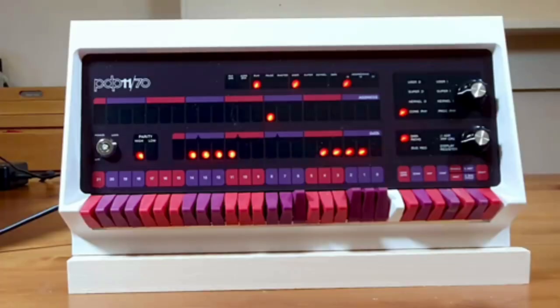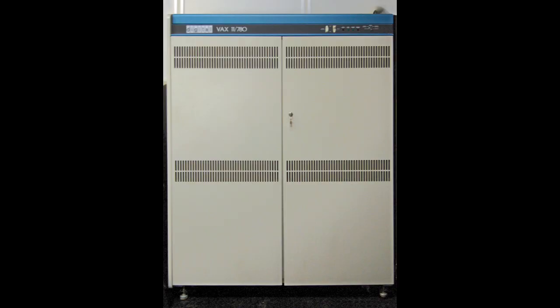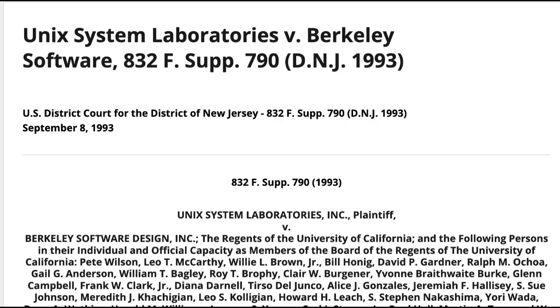Eventually, arguments broke out over exactly who owned UNIX and which parts had been copied from who. The University of California at Berkeley created a BSD version and gave it away. AT&T sued. Eventually, BSD won.